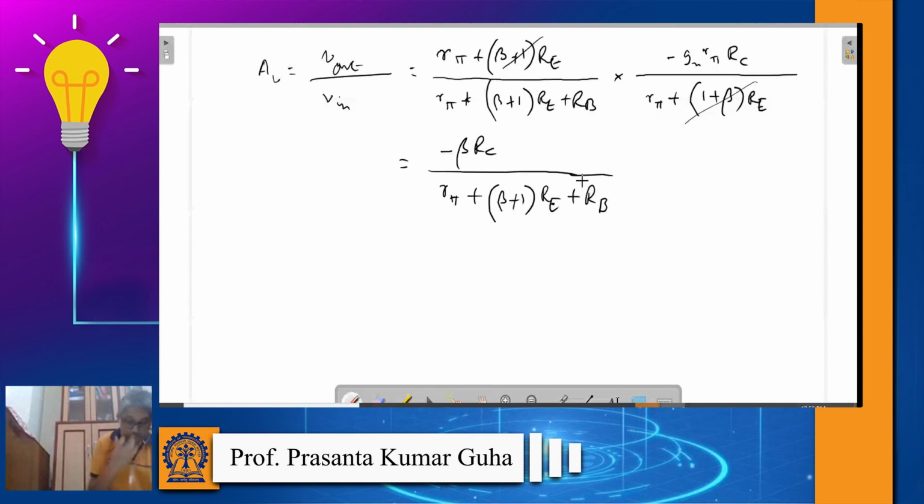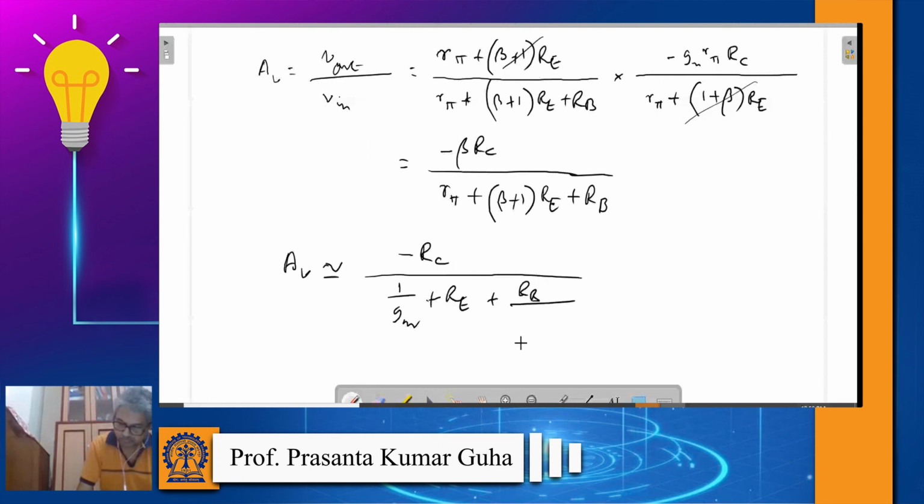Now you can simplify it a bit more if you divide the whole thing by beta, or say beta plus 1. Beta plus 1 is the same thing here. We can approximate that. So you see, again we have come back to that expression, the gain we got when we don't have RB.